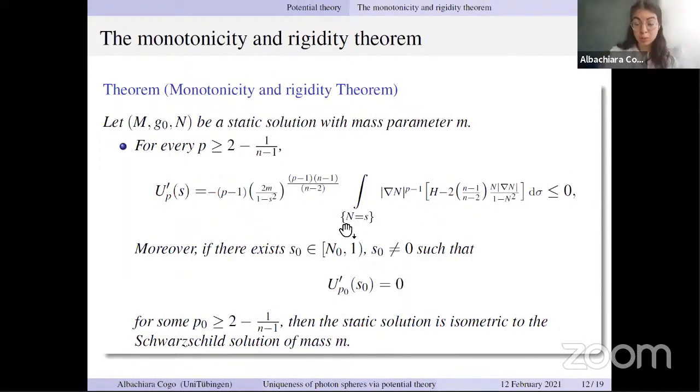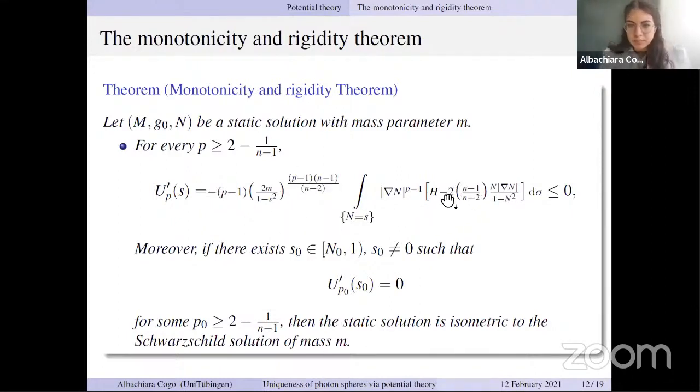So we want to apply this theorem for our uniqueness result, and so we want to prove that having a photon sphere, or more generally an equipotential photon surface, we actually are in the rigidity case. So let's observe that to be in the rigidity case, to have the derivative equal to 0, we just have to impose that this integrand is less or equal than 0, because here we have a minus some positive quantity.